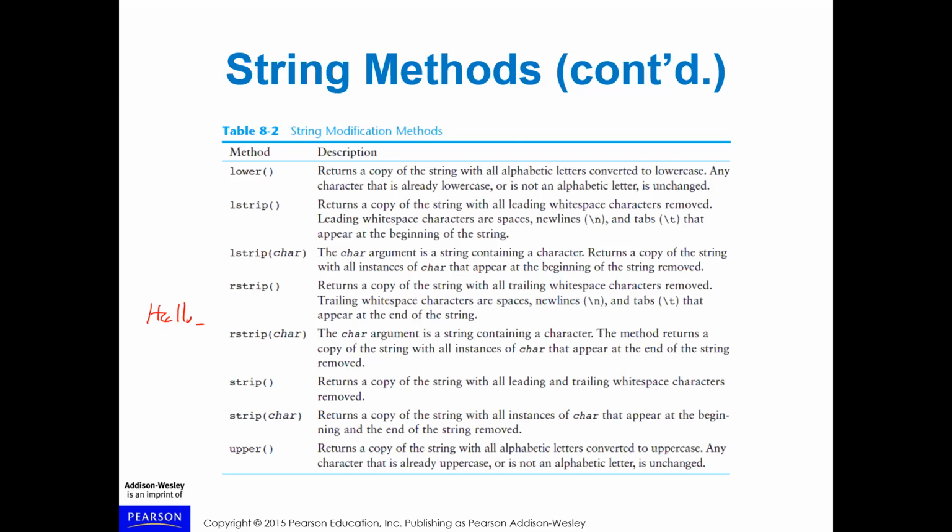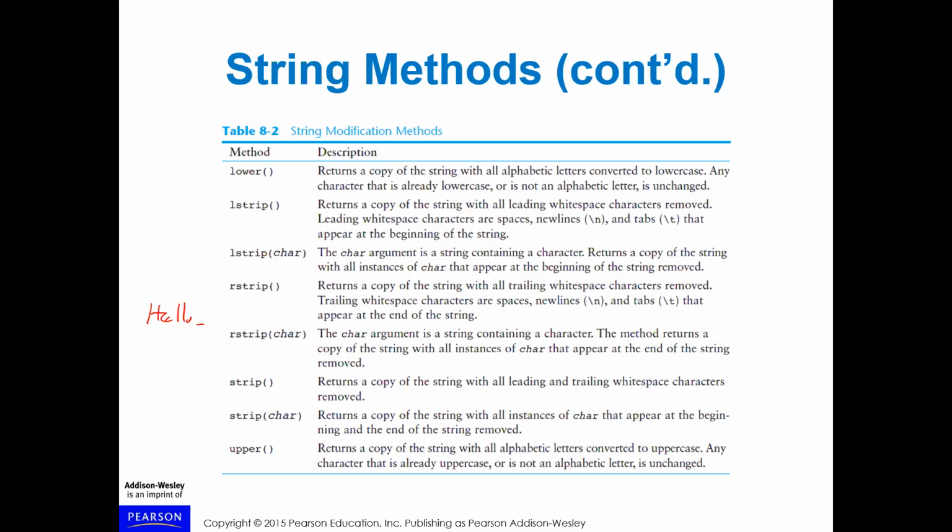It's a very common thing. lstrip with a character argument, where the argument is a string containing a character, returns a copy of the string with all instances of that character that appear at the beginning of the string removed. So that's left to the left.